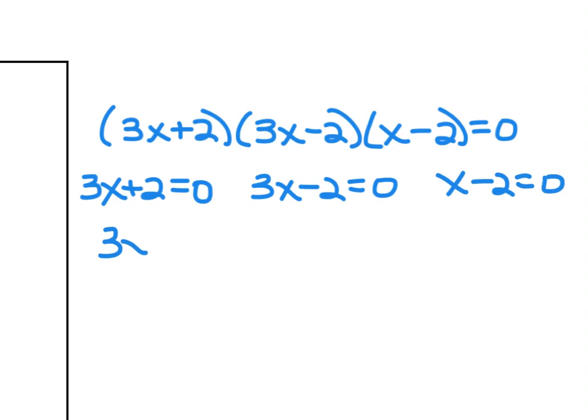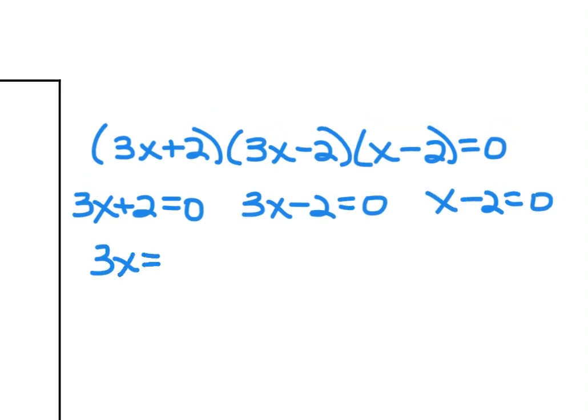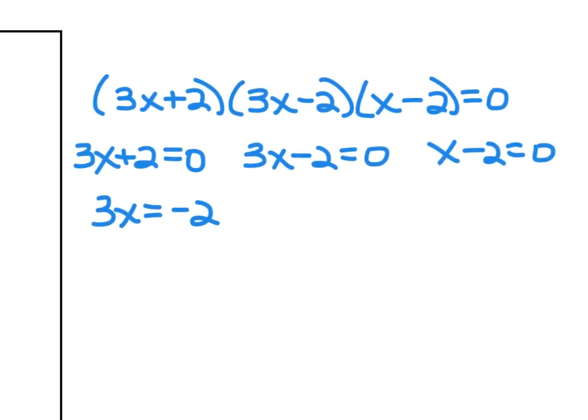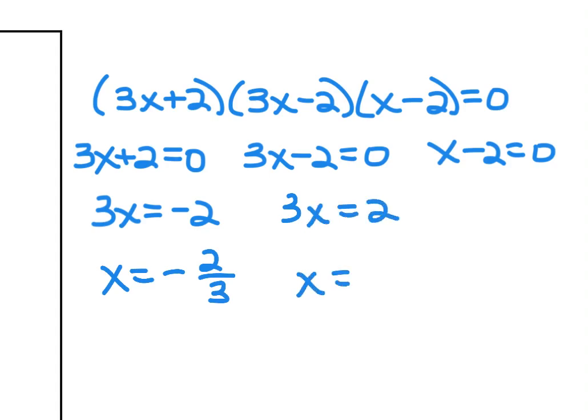So this is 3x equals negative 2. So x equals negative 2/3. This is going to work similarly. 3x equals positive 2, so x equals positive 2/3. And then for this one, x is equal to positive 2.